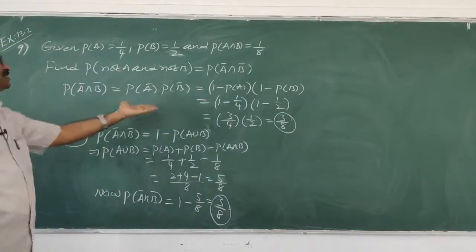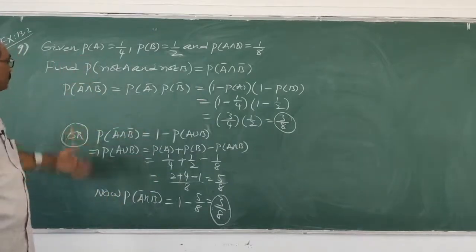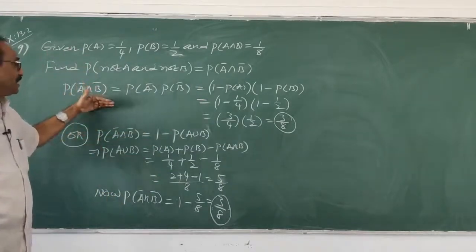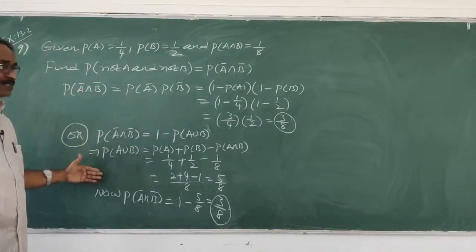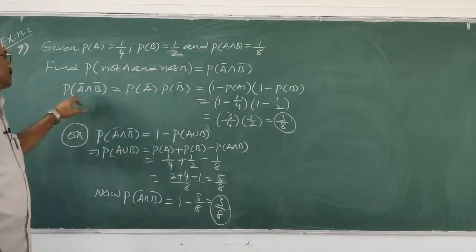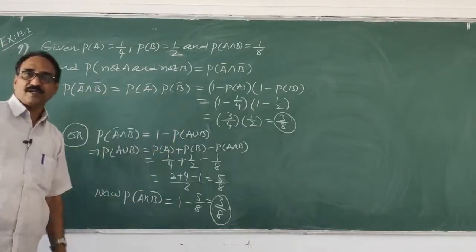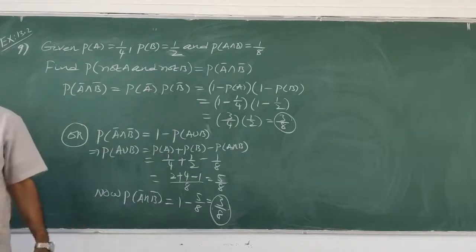If it is independent, it is one step; at the entrance level, otherwise it wastes time. I told you both methods, and the answer will be the same. P of A bar intersection B bar is nothing but 1 minus P of A union B. I think you understood well.